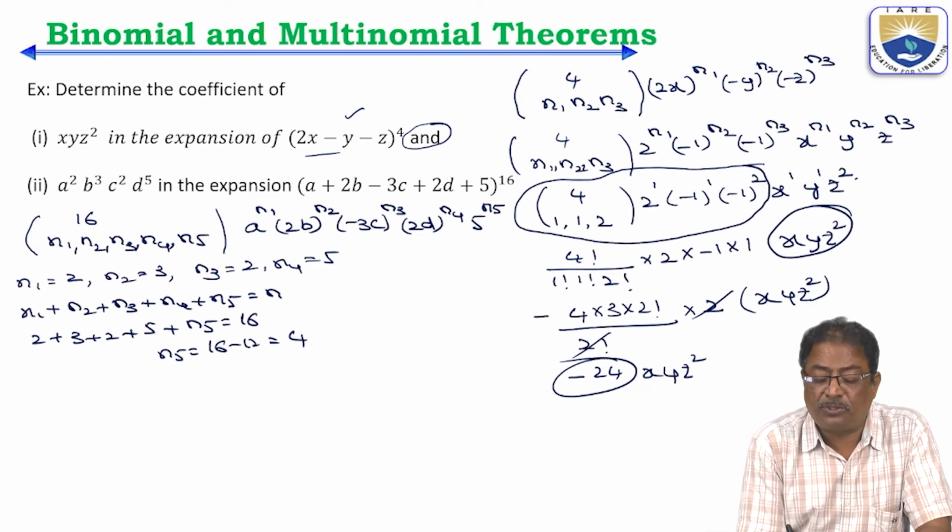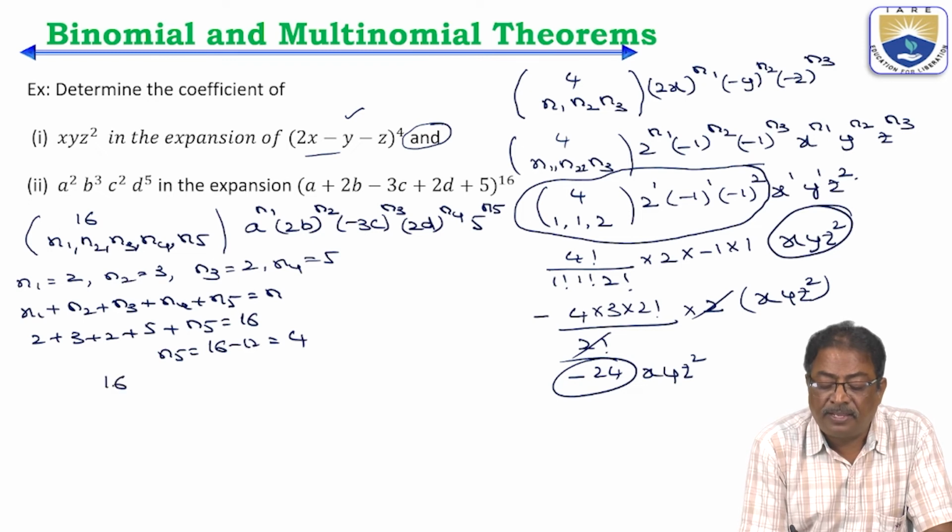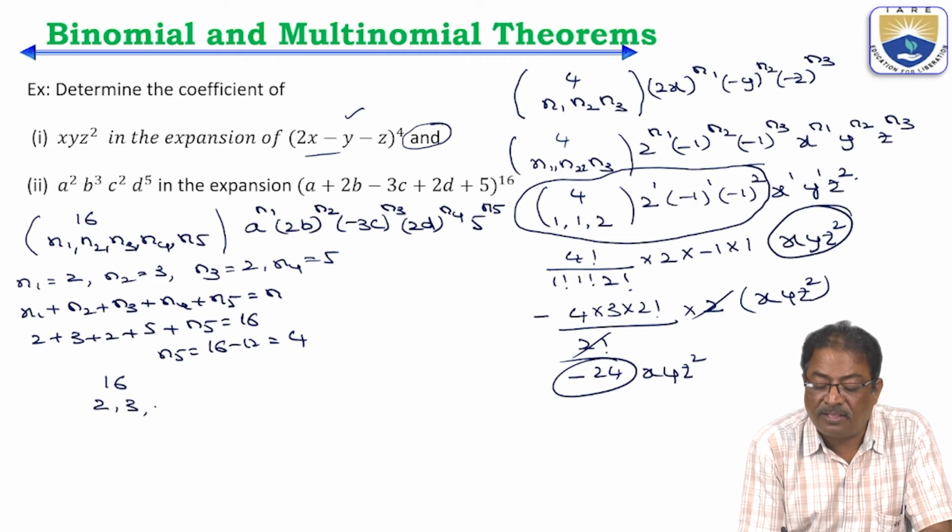Then I am going to substitute here. So it is 16, n1 is 2, n2 is 3, n3 is 2, n4 is 5, n5 is 4.